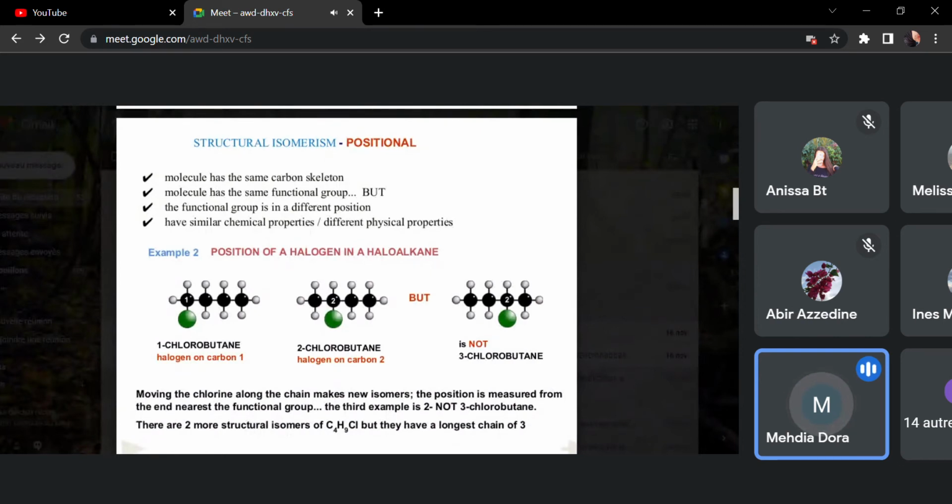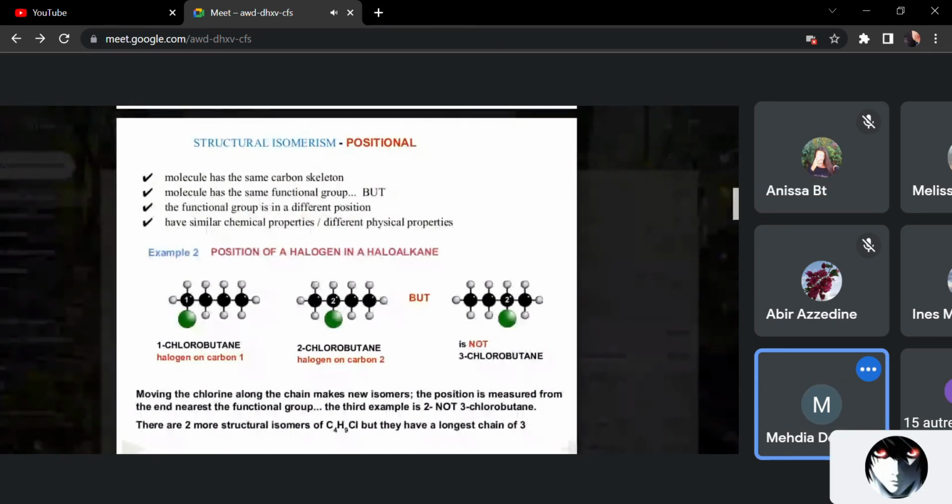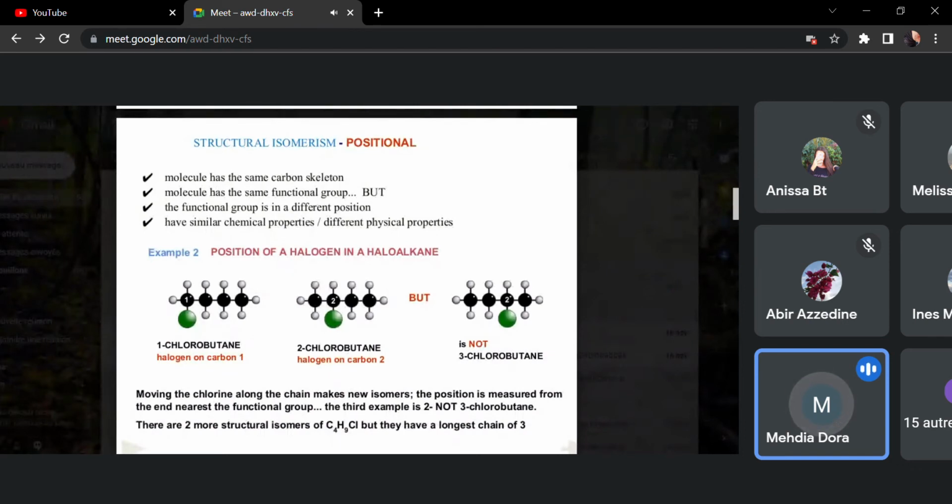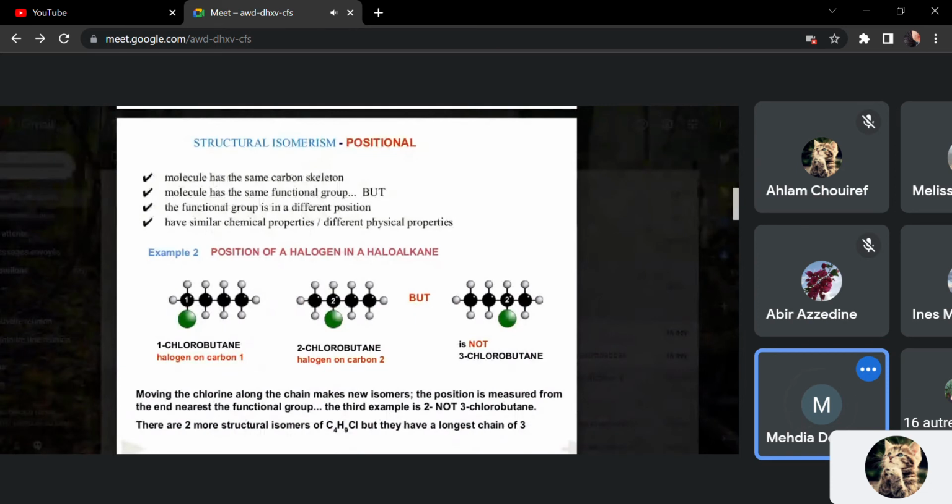So we have 1-chlorobutane and 2-chlorobutane. We have to enumerate the carbons from the left to the right, 1, 2, 3, and not begin from the right. We have to begin from the left. This different position of the chlorine makes different molecules, or different isomers of chlorobutane, different only in their physical properties, okay?